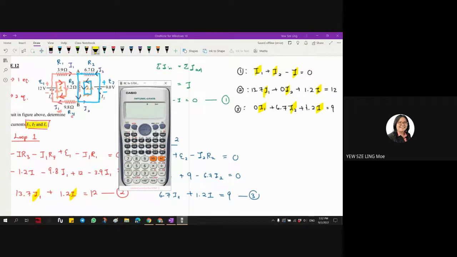Now this calculator, I wouldn't say it's an old version, might be different from yours.